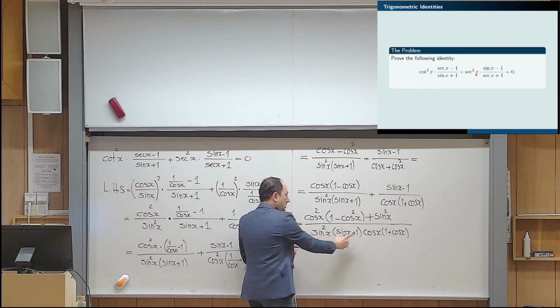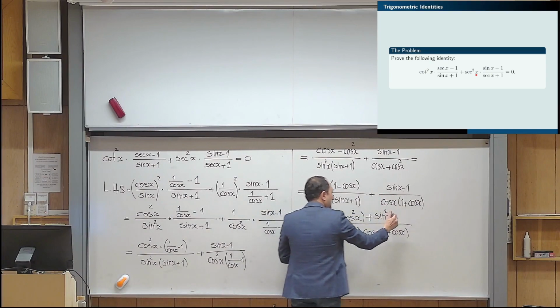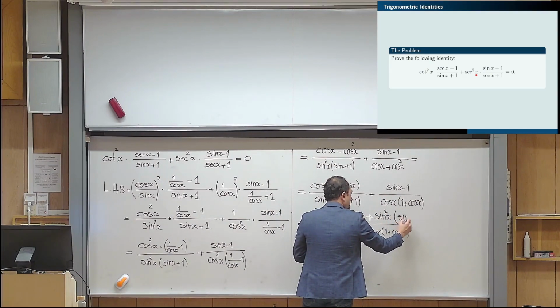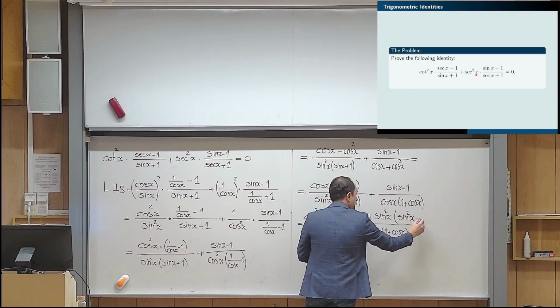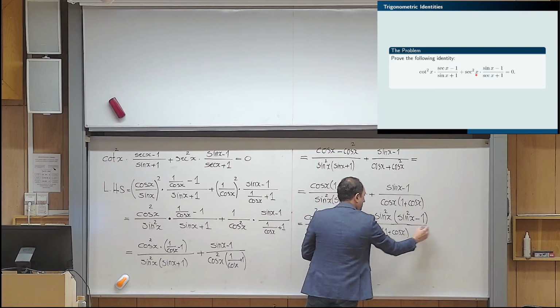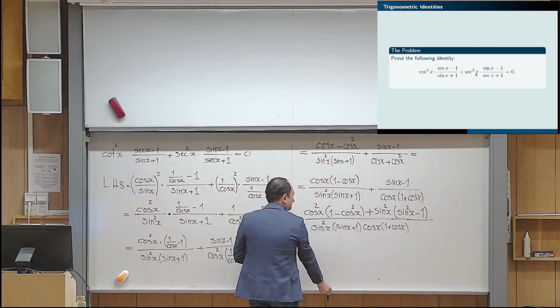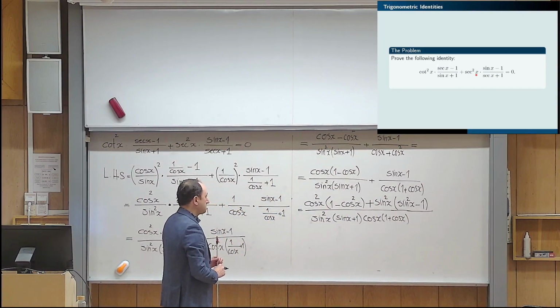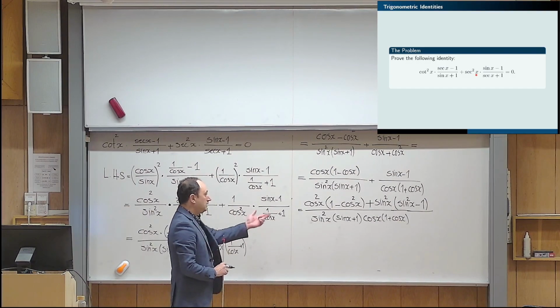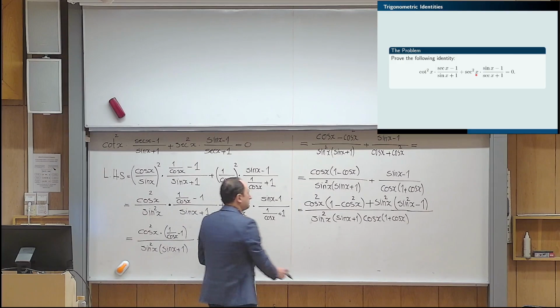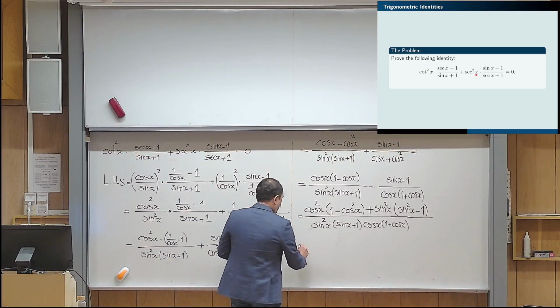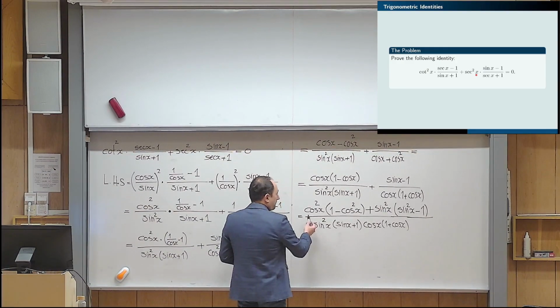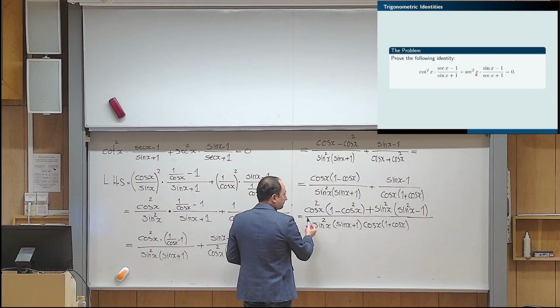So the answer of this multiplied by that is the first one squared minus the second one squared. Okay, then I have to start simplifying this. What should I do?